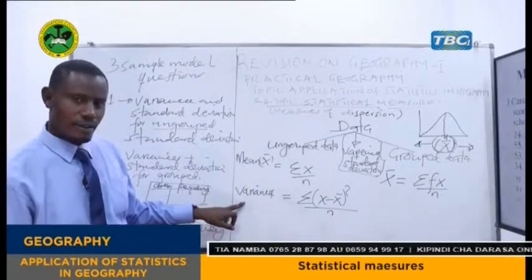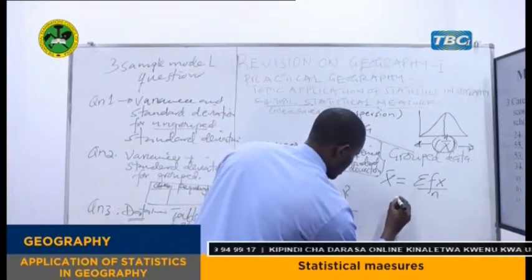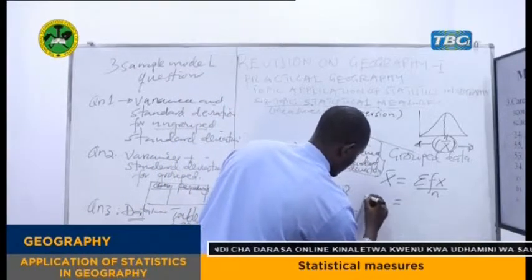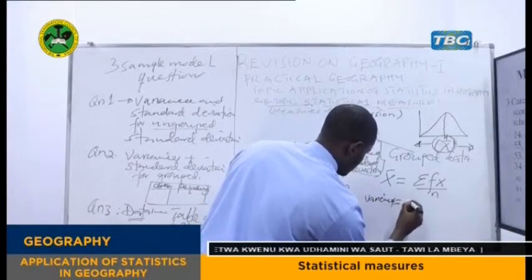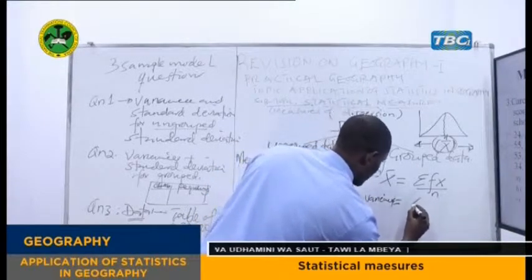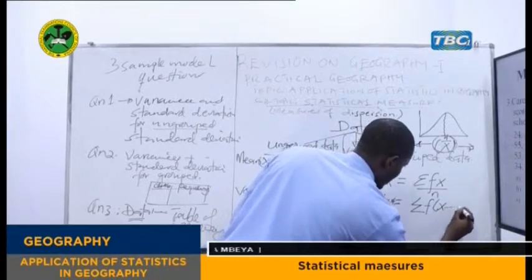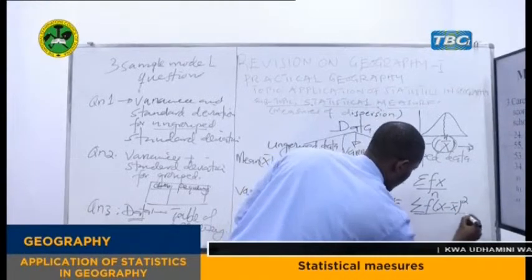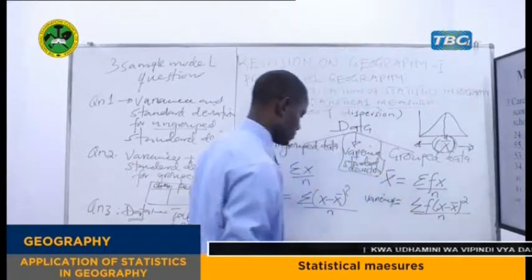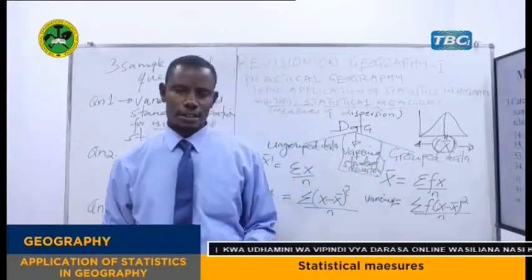But the variance for grouped data is equal to the summation of f times x minus x bar squared, divided by n. Then you get the variance for grouped data.